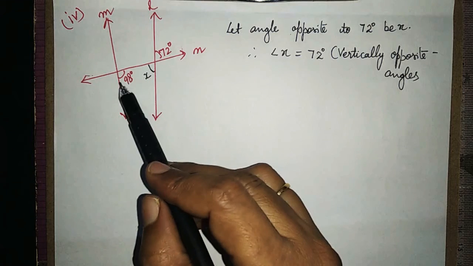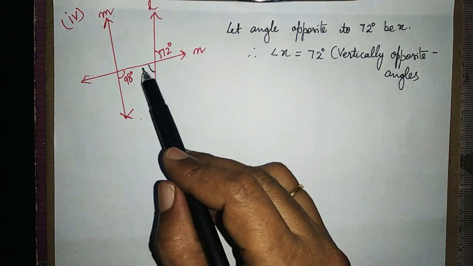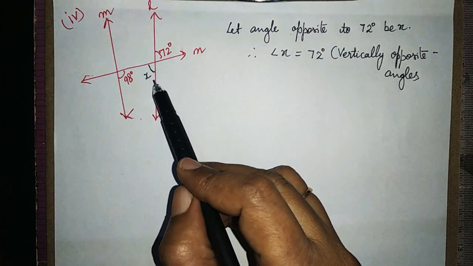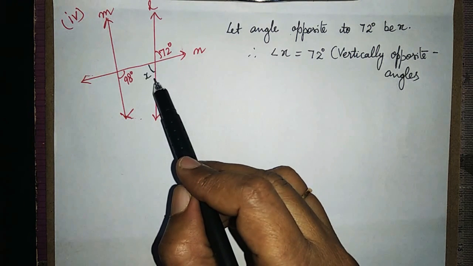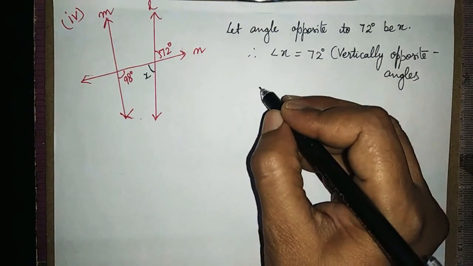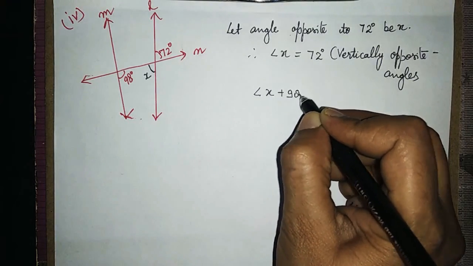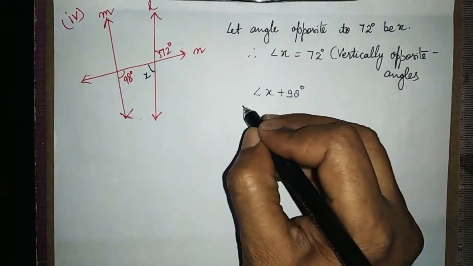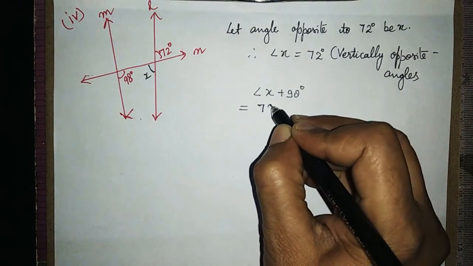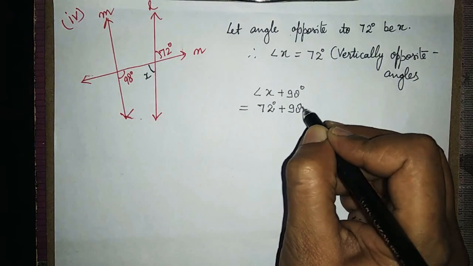Now X and 98 degree, these two angles are on the same side of transversal. So we will see that their sum is coming 180 degree or not. Okay. So here we will write X plus 98 degree is equal to, here in place of X we will write 72 degree plus 98 degree.